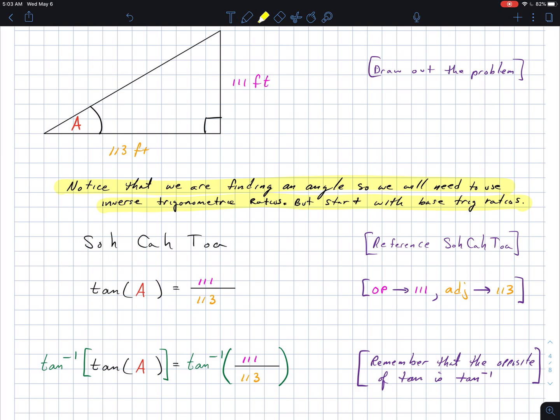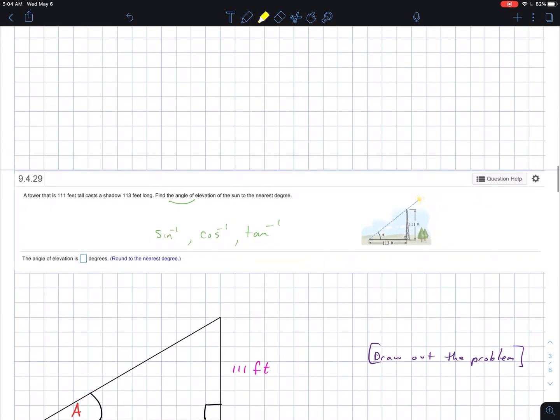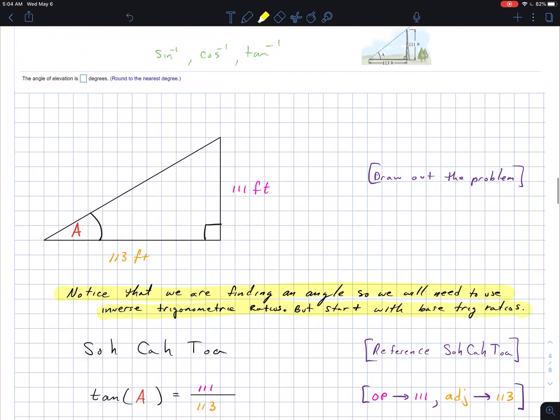In other words, if you are looking at the sine, which is opposite over hypotenuse, you will use sine to the -1, the inverse, the arc sine, so that way you return an angle. The regular trig functions are going to help you find sides. The inverses are going to help you find angles. Okay?